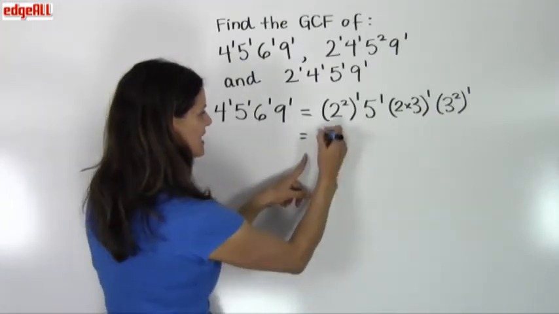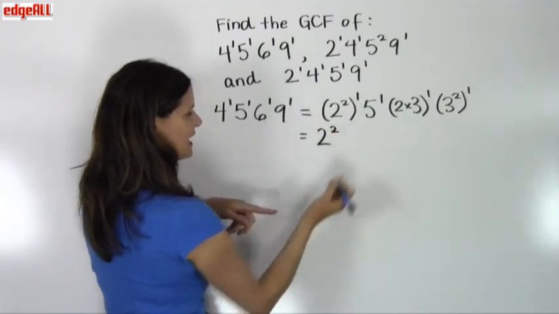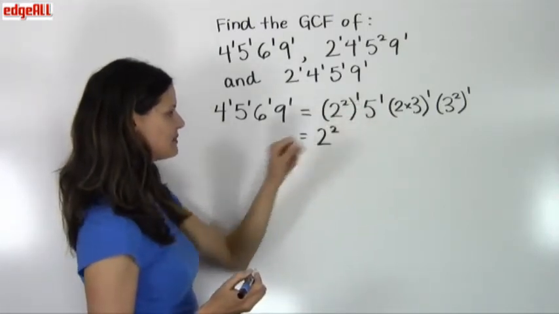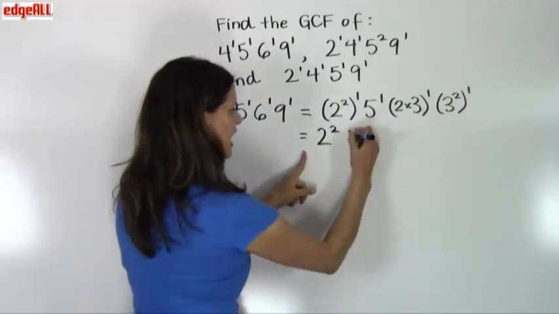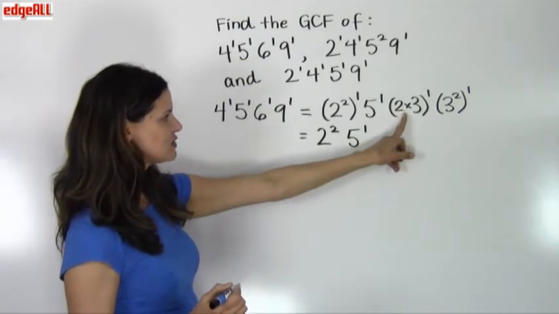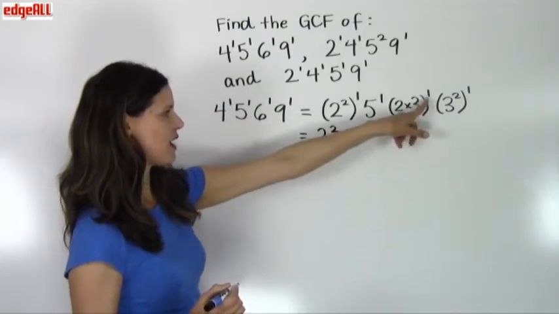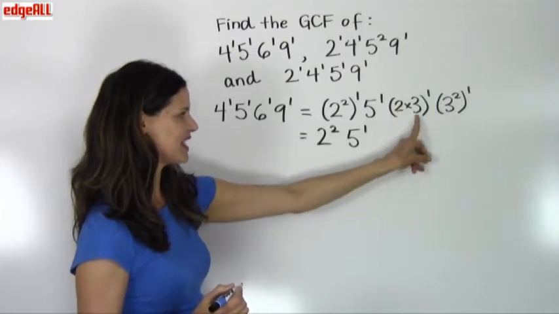So in this first case, I've got 2 to the power 2 raised to the power 1, and so I multiply 2 times 1, which is 2, so 2 squared. And then 5 to the 1 is already in prime, and then 2 to the 1 times 3 to the 1, because this power 1 here gets distributed to both this 2 and this 3.